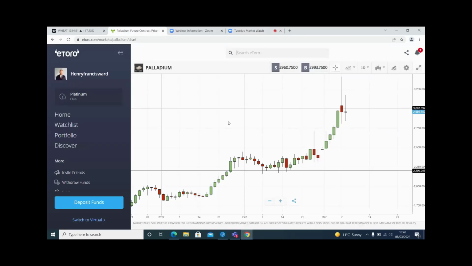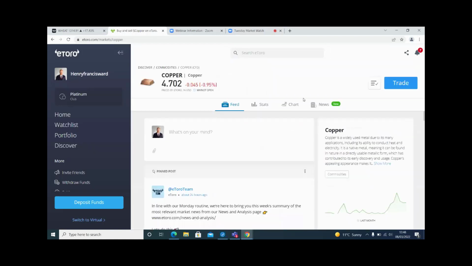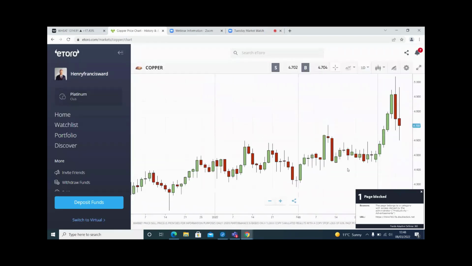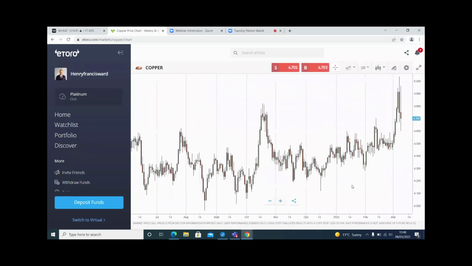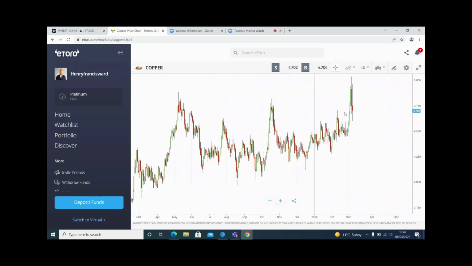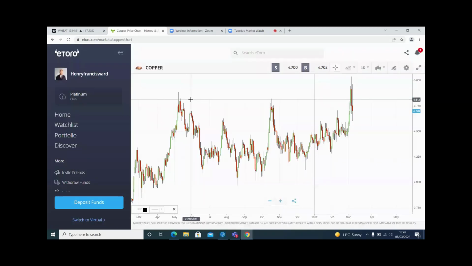So someone has asked, how do we get the expiry date on any of them? I'll show you now. Okay, so copper had a big spike, popped back out. Horizontal level there.